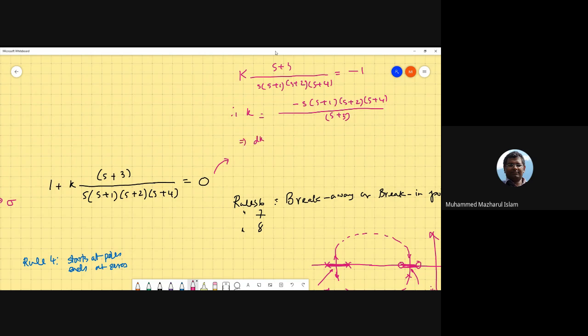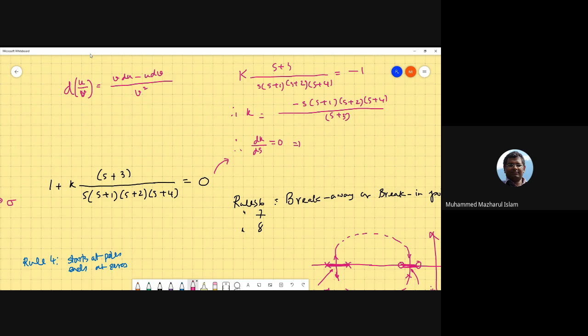Therefore, dk/ds equals 0 implies you have to differentiate this. So if you remember the u by v formula, you have to use that formula, (v du minus u dv) over v square.